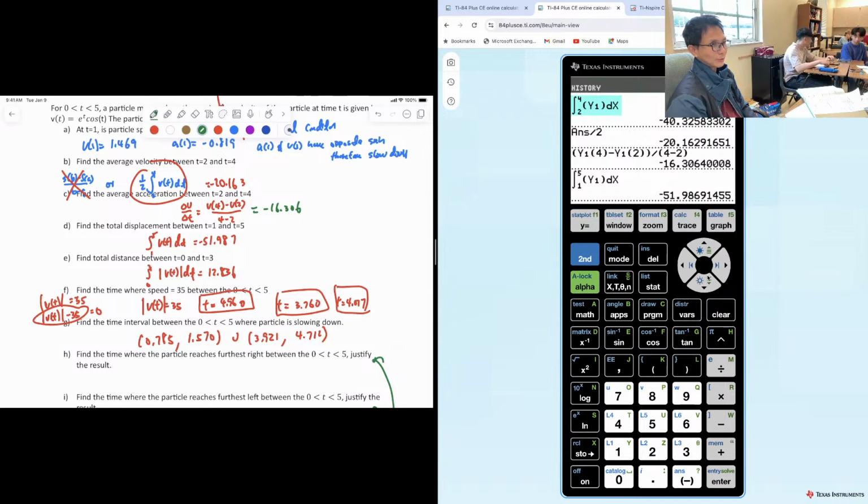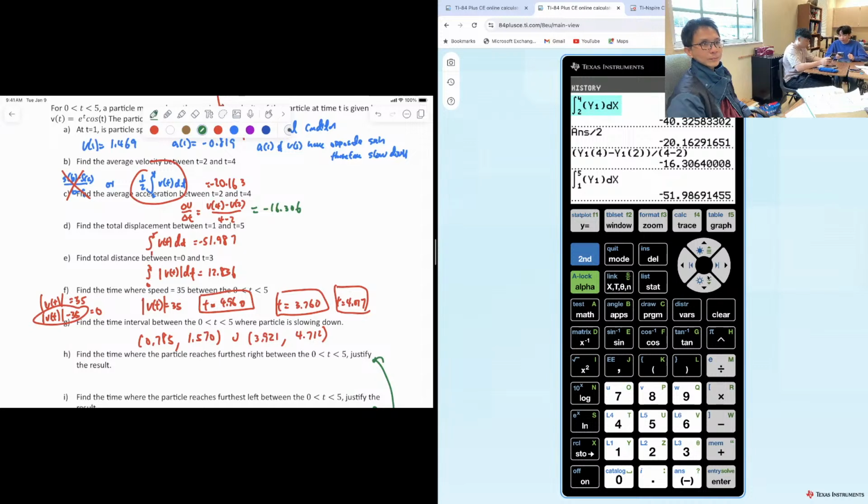Sean, can you help her out? I'm not really sure, I don't even use the calculator. I will change float 6 just so it can give you 6 decimal places, and I can round it.